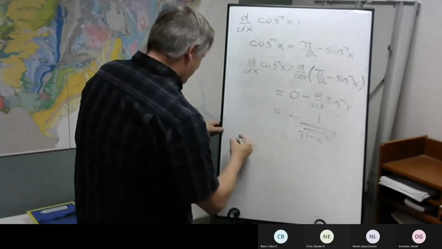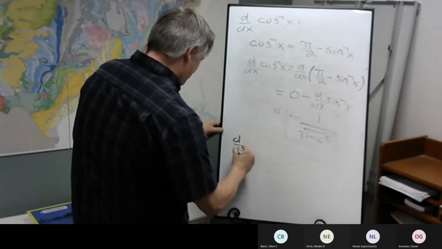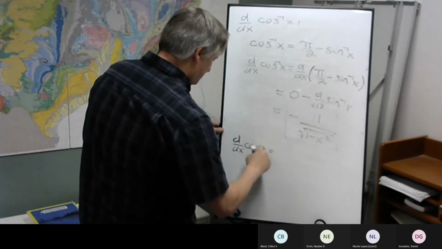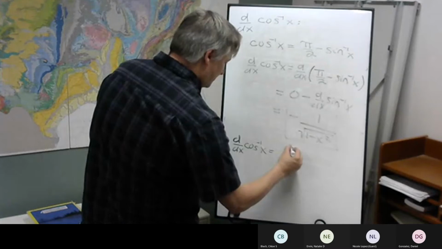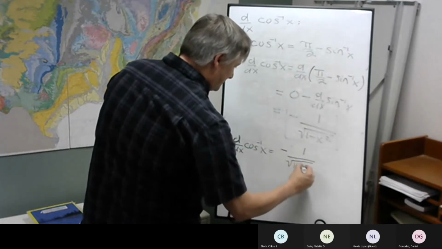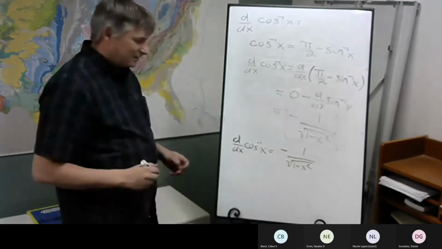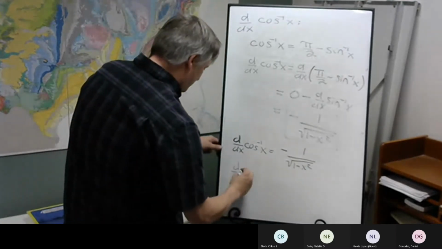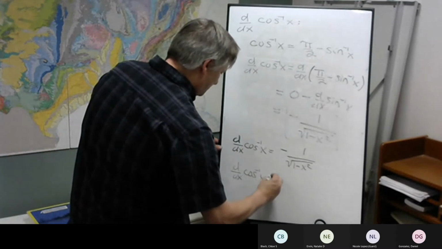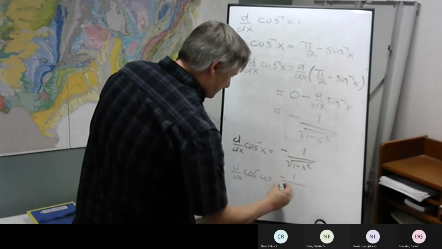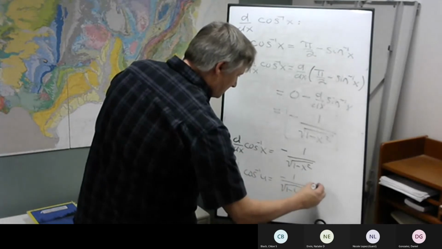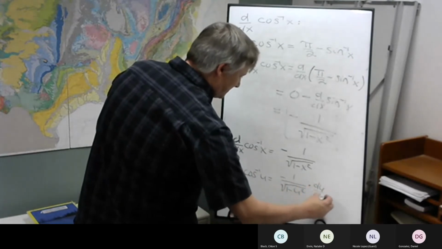That means for cosine inverse, the derivative is minus 1 over square root 1 minus x squared, or d dx cosine inverse of u is minus 1 over square root 1 minus u squared du dx.